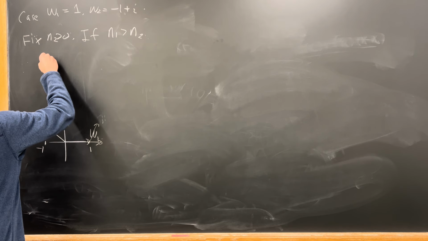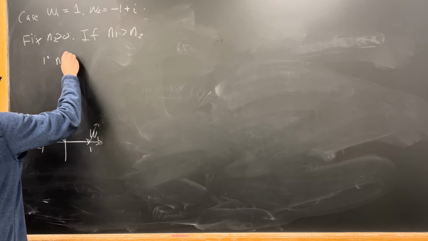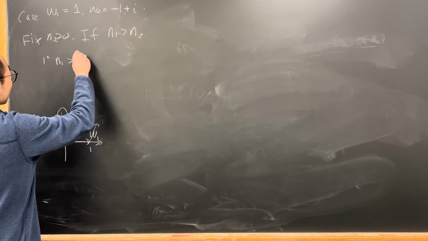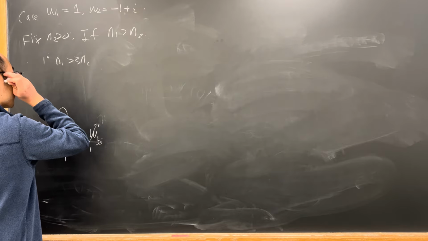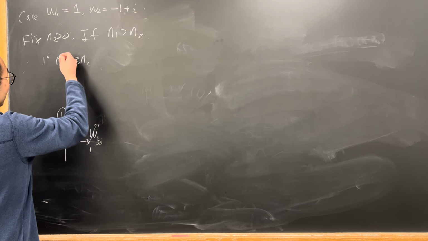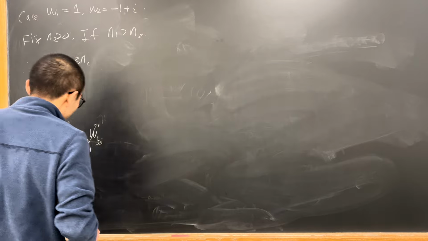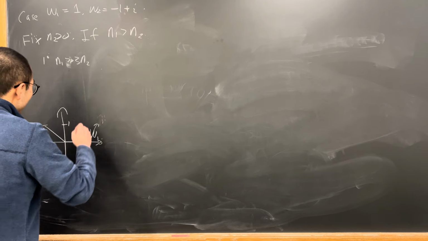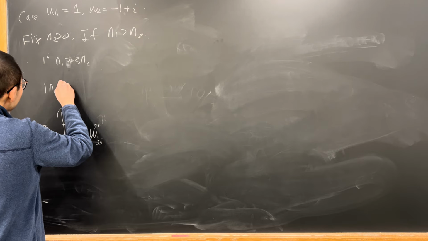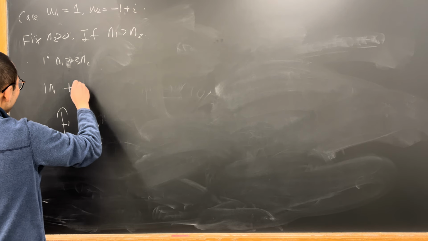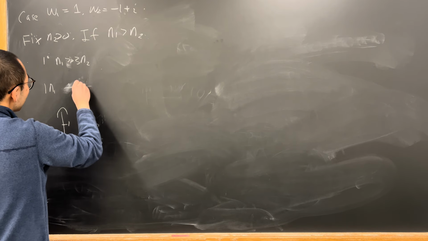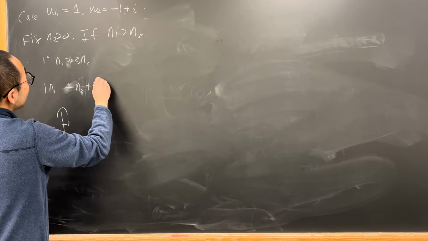I think the idea is that if we have, let's say, N1 is bigger than 3 and 2, right? I do the case where N1 is bigger than 3 and 2, then because remember we have the modulus of N1 W1, so that W1 is just equal to 1, and then N2 W2, so this is minus N2 plus i N2.